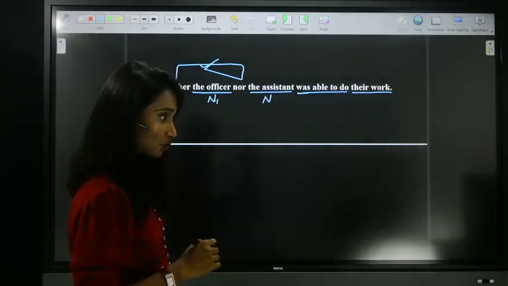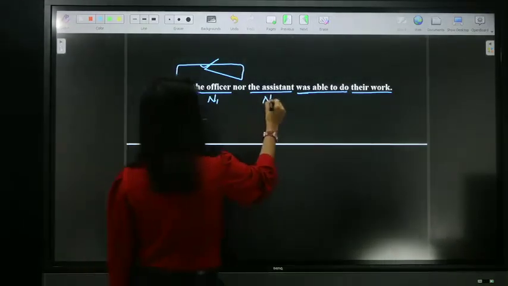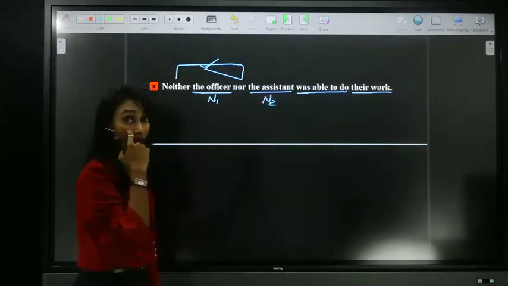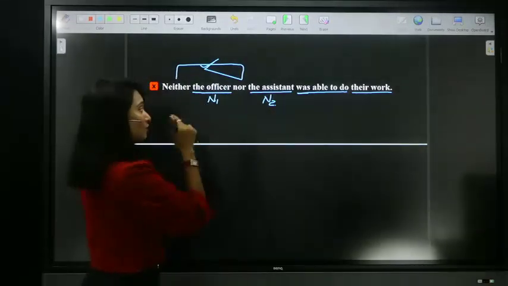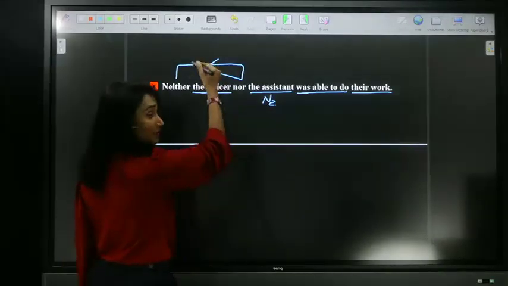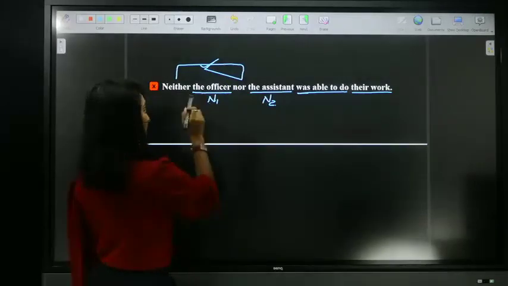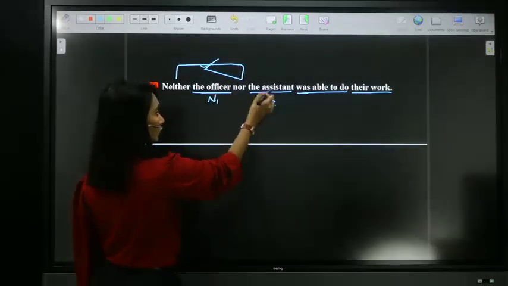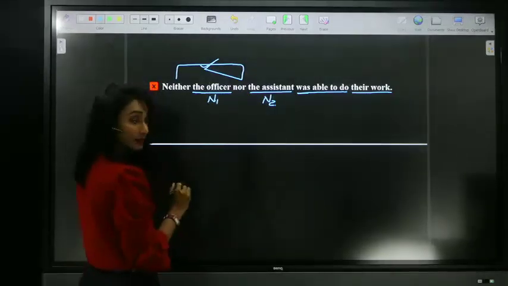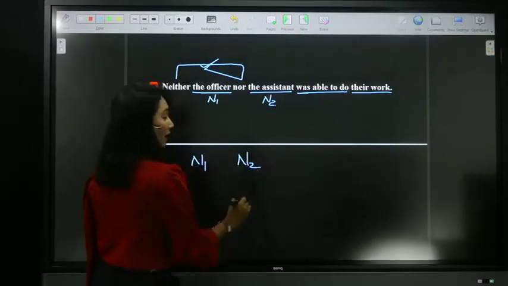Okay, let me explain. So Swapna, you also pay attention here. Neither the officer nor the assistant. First, the pair is correct: neither nor. Next, same parts of speech: neither followed by noun officer, nor followed by noun assistant. Now, two nouns, noun one and noun two, are connected by nor.